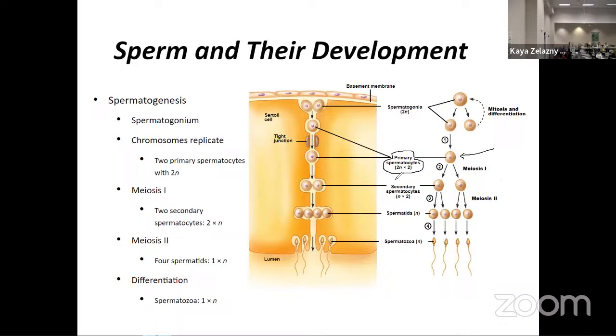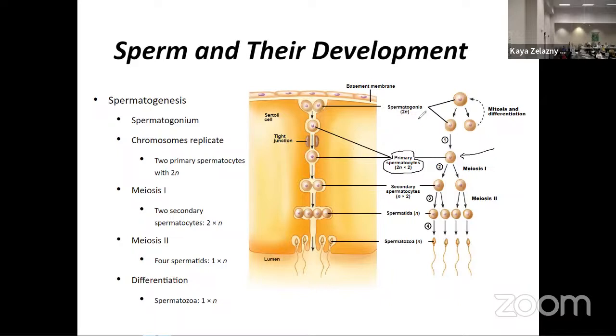So that's what we start out with here. We're traveling down, the spermatogonia are just themselves making more and more and more. When we start to differentiate, we're duplicating, setting up for meiosis, becoming primary spermatocytes. You can see we're starting to move down between the Sertoli cells at this point.